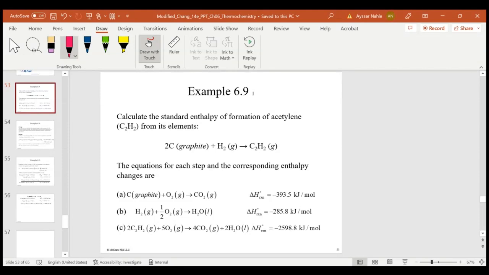You have the elements and we want to find the delta H naught formation of acetylene, C2H2, and that's what we want to find here. Can I use delta H naught formation or delta H naught reaction? What do you think?